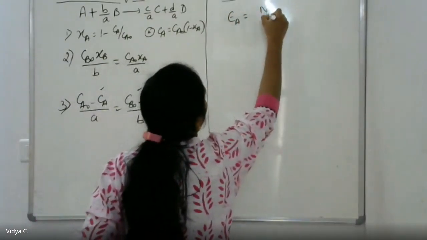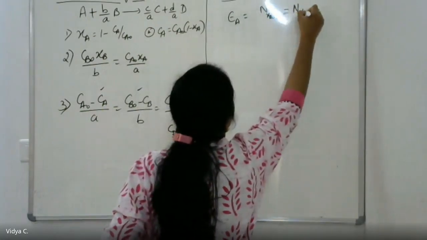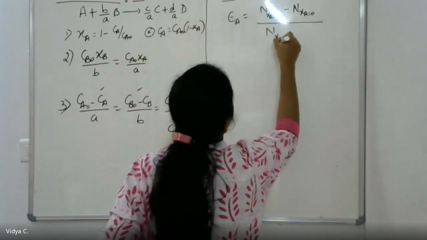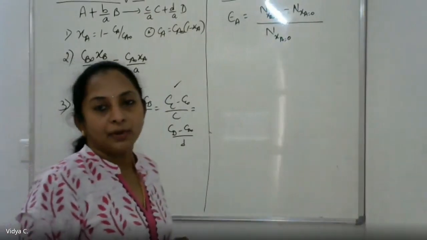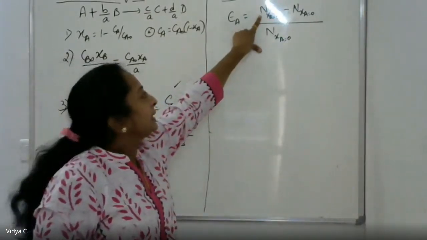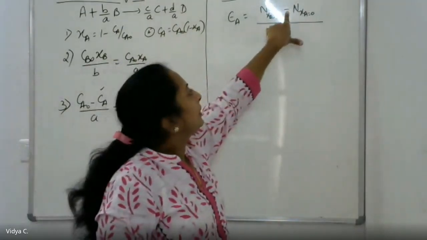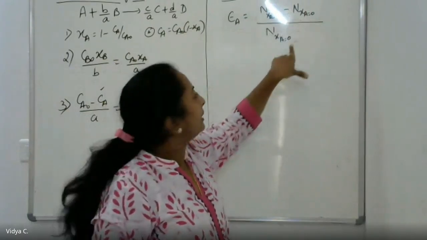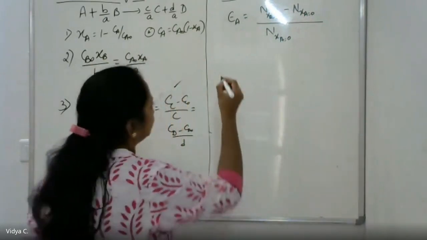Epsilon A is n at XA equal to 1 minus n at XA equal to 0, divided by n at XA equal to 0. That is the change in number of moles at 100% conversion minus the number of moles at the initial condition, divided by the total number of moles at the inlet. That is epsilon A.